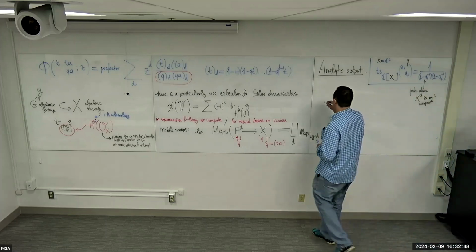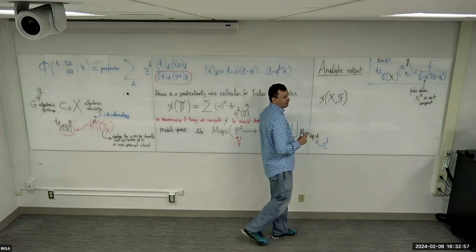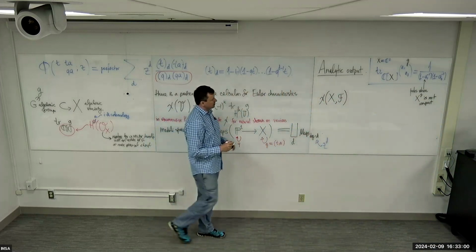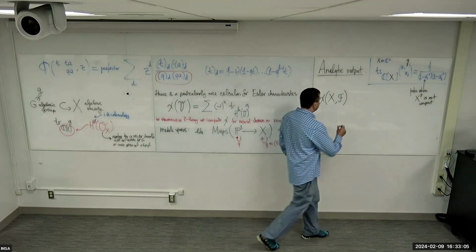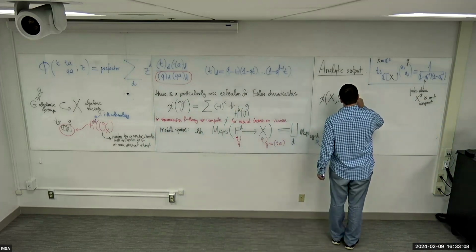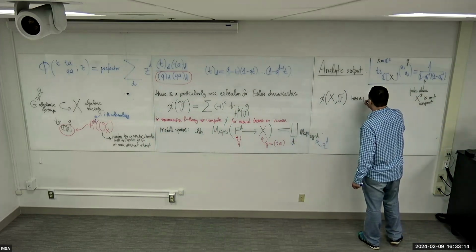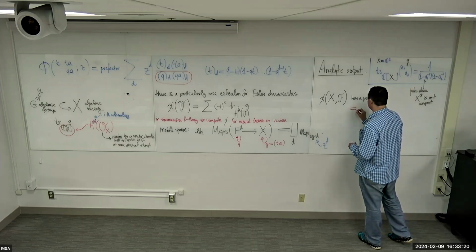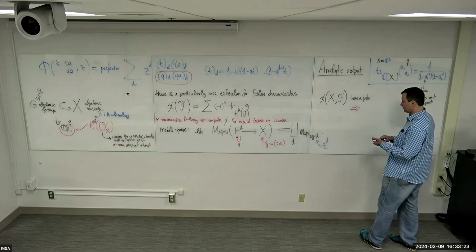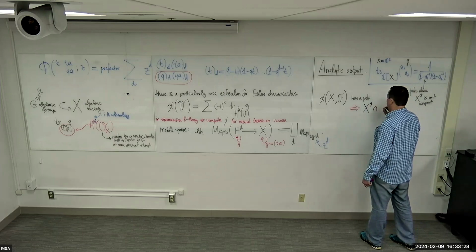If I compute the Euler characteristic on some sort of X of some kind of sheaf, so I compute the trace of G in this fashion, this has a pole. If this thing has a pole, then this means that if I take the fixed locus of G intersect with the support.